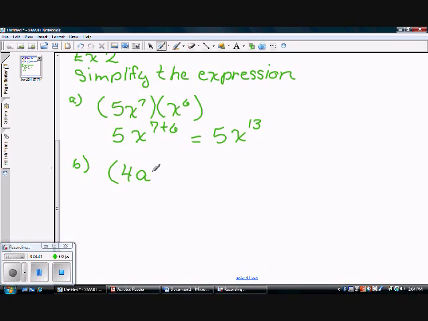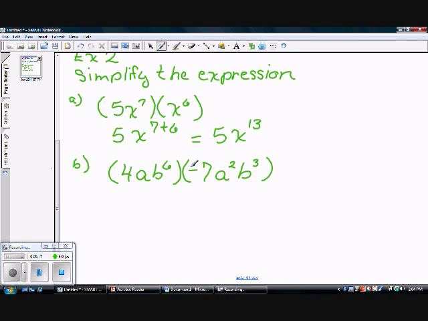It's 4a b to the 6th times negative 7a to the 2nd b to the 3rd. Okay. Now what are the 4 and the negative 7? What are they called again? Coefficients. So these are multiplied. This is 4 times a times b to the 6th. It's negative 7 times a squared times b to the 3rd.